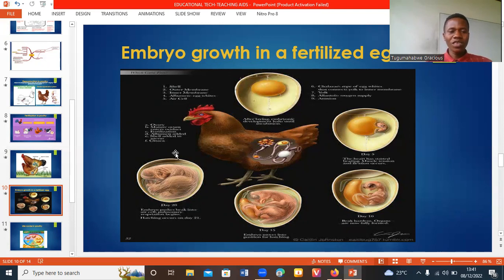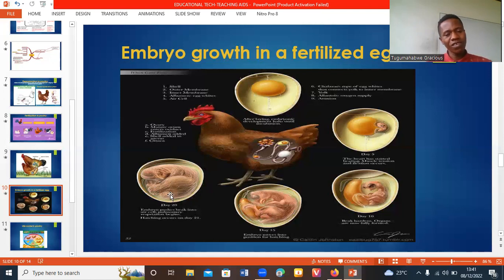This is called a mind map showing the process of embryo growth. So it starts like this. This is the embryo, then it begins to grow up to being a young chick, which is still inside.